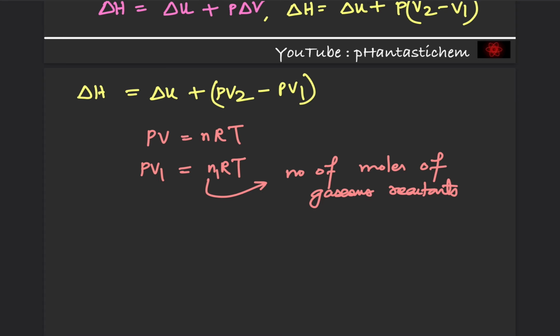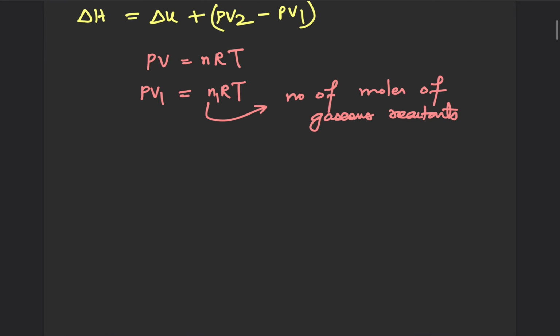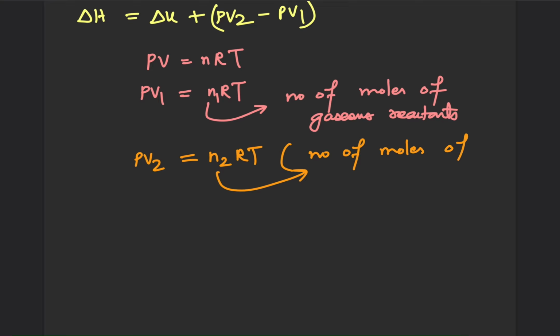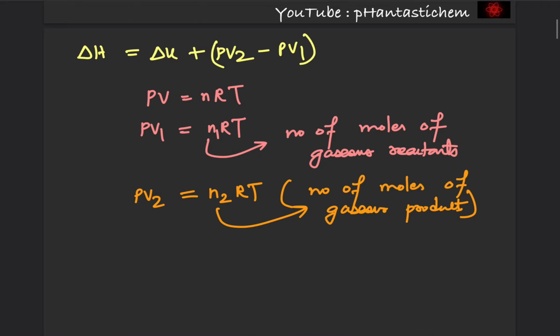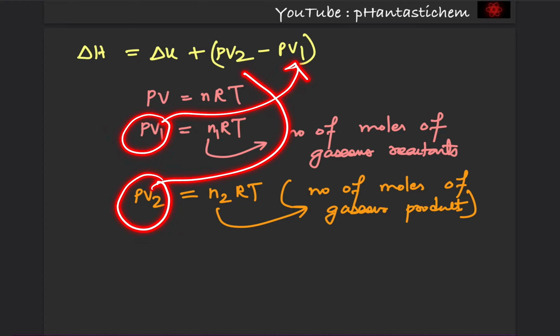Similarly, we can write PV2 is equal to N2RT, where N2 is number of moles of gaseous products. So therefore we can substitute these values, that is, we can substitute PV1 here and we can substitute PV2 here.